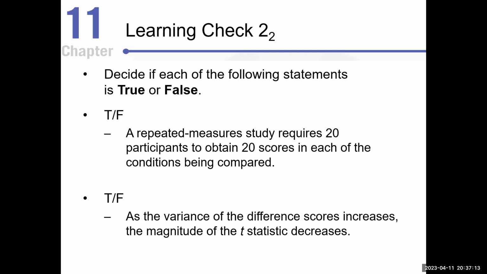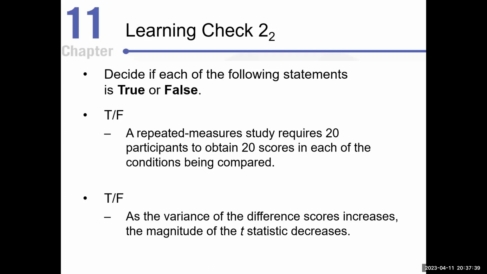It says a repeated measures study requires 20 participants to obtain 20 scores in each of the conditions. So if you think about it, they're having 20 scores in one condition and 20 scores in the other condition. Since you only need 20 scores, all you need is 20 participants. If you were needing an independent measures t-test, then you would need 40 participants.